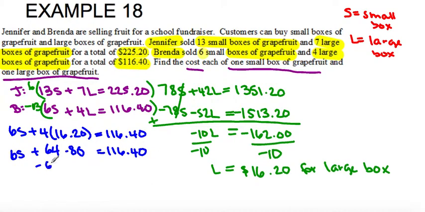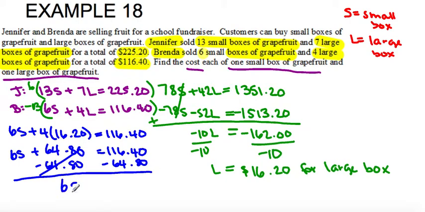To get S by itself, subtract 64.80. So I have 6S on the left side. And on the right side, I have 116.40 minus 64.80, which is 51.60.